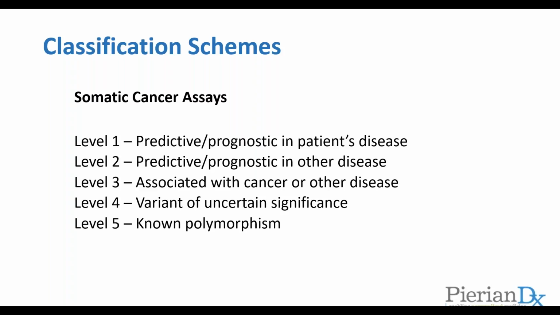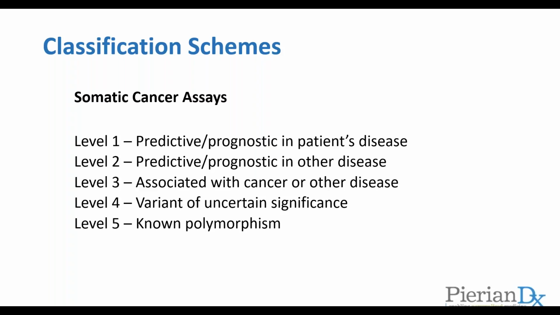That'd be levels 1 and 2 respectively. Level 3 is a variant that may not have that level of supporting evidence for action, but has been described previously in cancer, for instance, in COSMIC, or in ClinVar, or in some other disease.